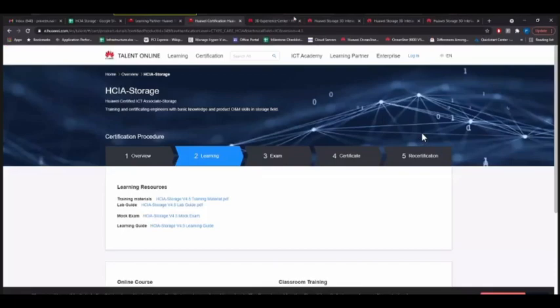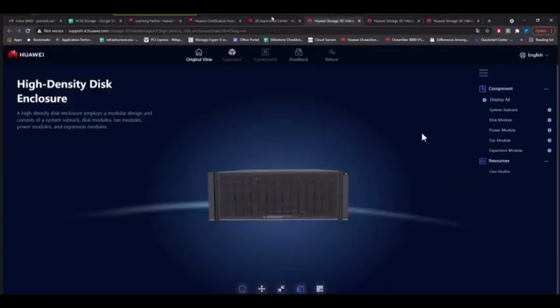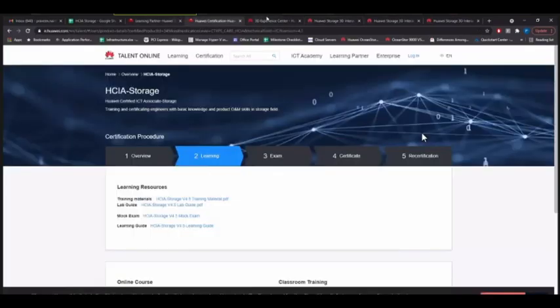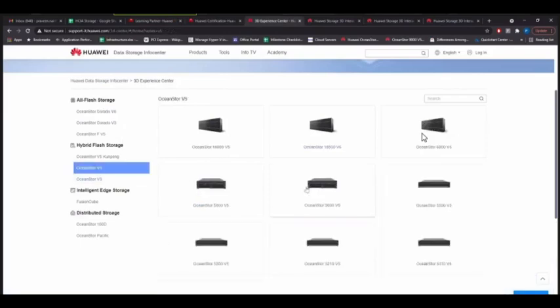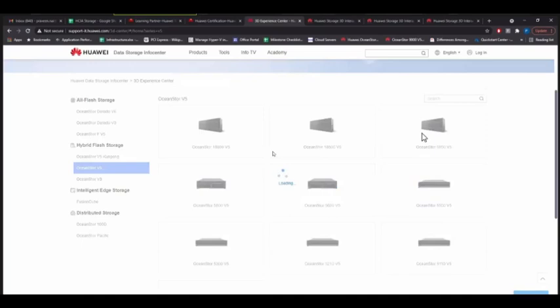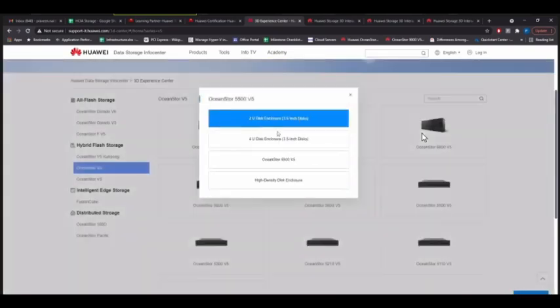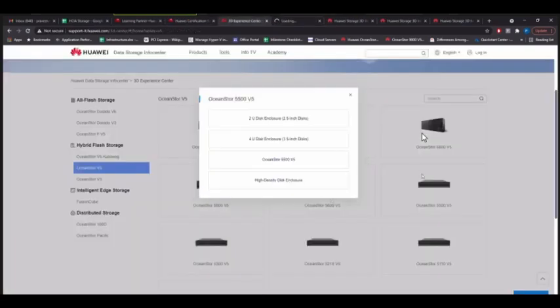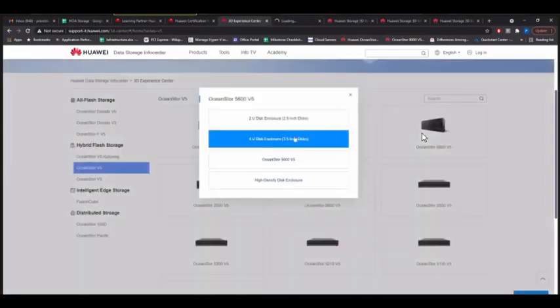But if you look at the Huawei, this guy is finally loaded. So let's see here, 3D Experience Center. Let's look at the V5. Okay. So V5, you have the 5500, which is, let's just say, the 3.5-inch discs, and the OceanStor 6500, right? 2U disk enclosure.